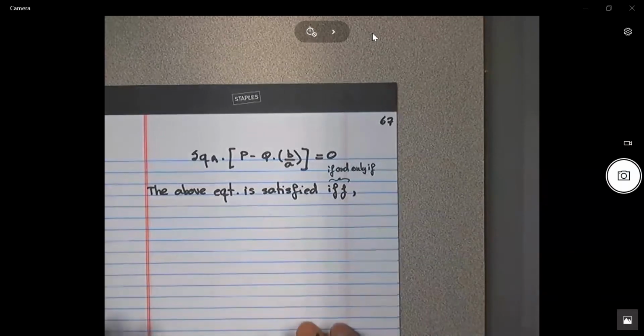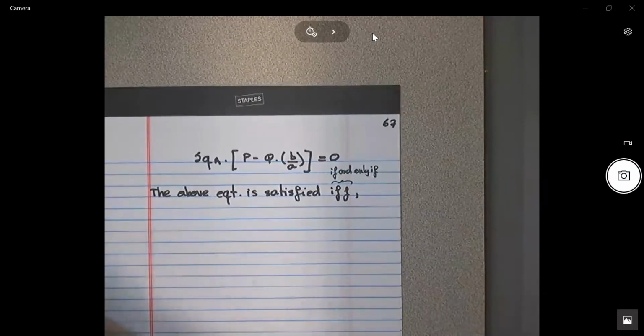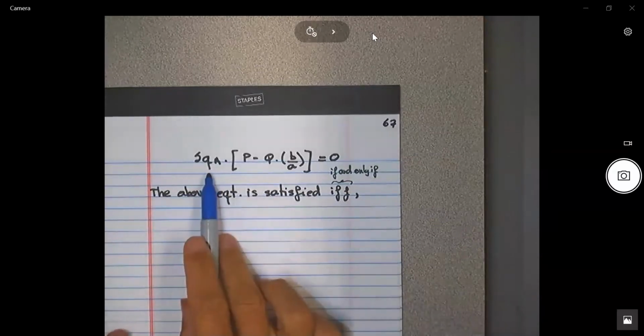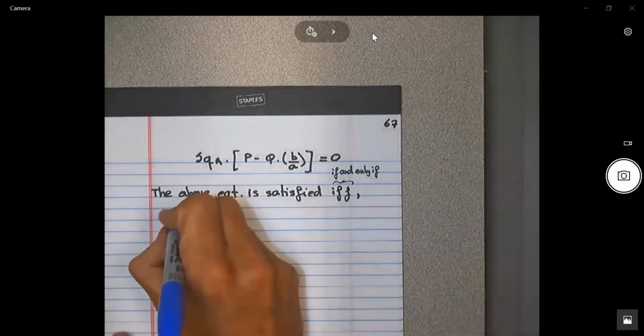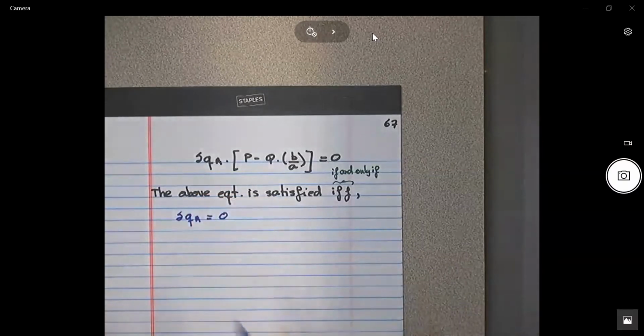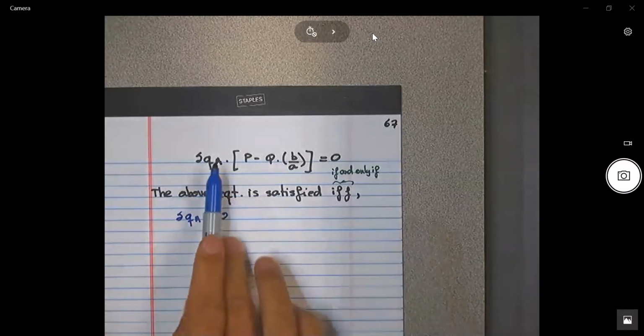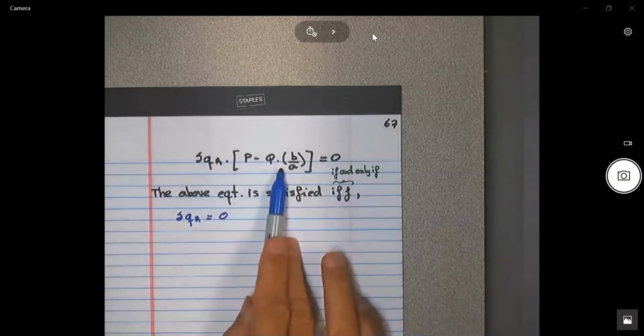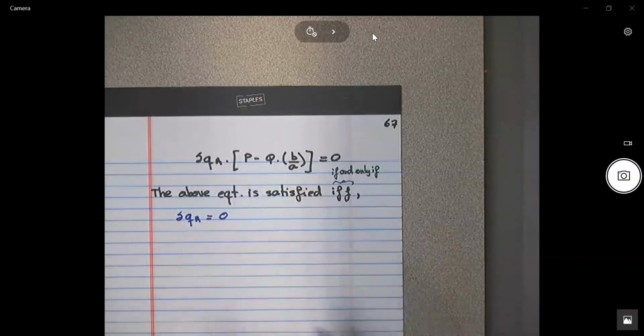Okay, what are the two options that can happen over here? Either the system is not moving, meaning that there is no deformation, no? In that case, this term will be 0 times all this, so this will give you 0.